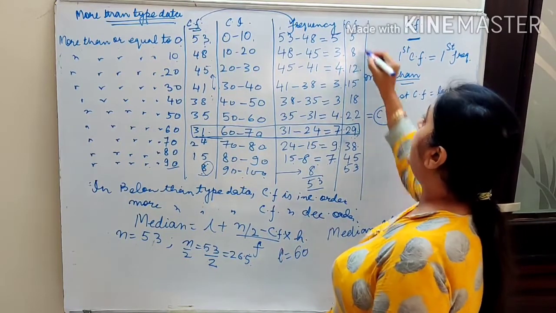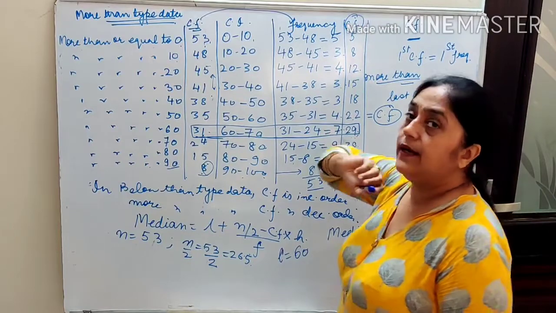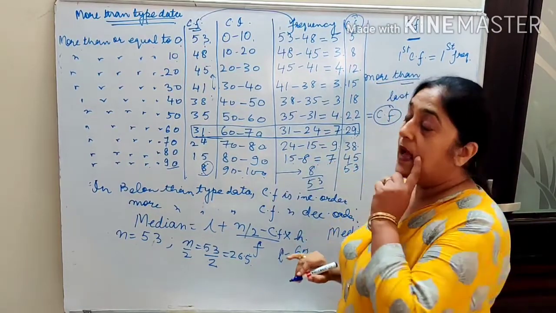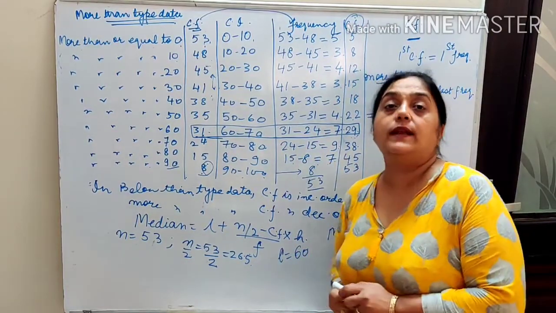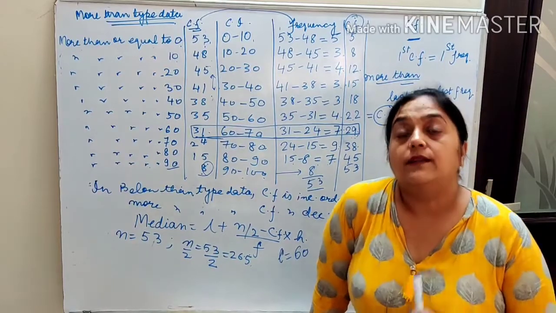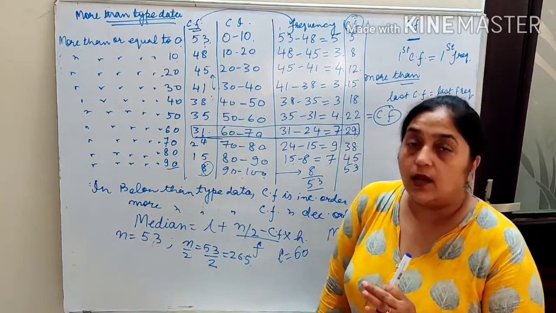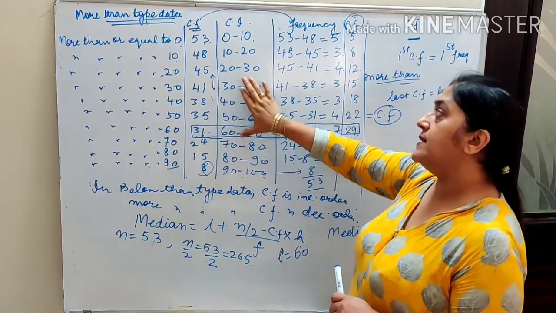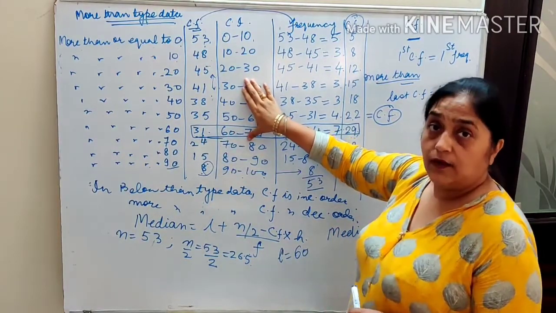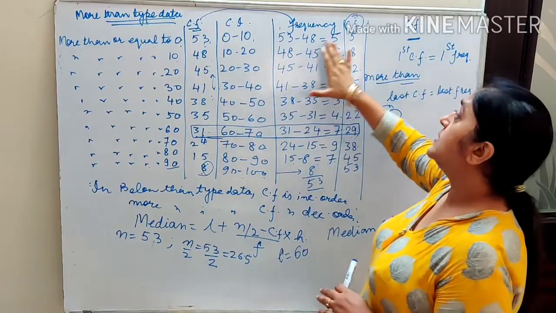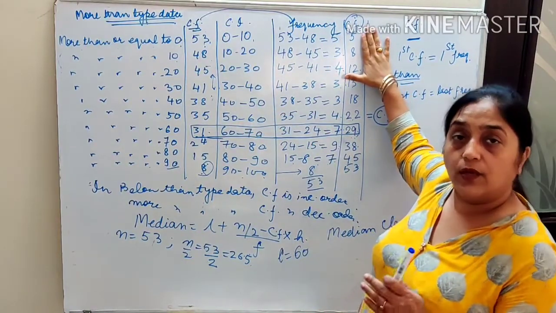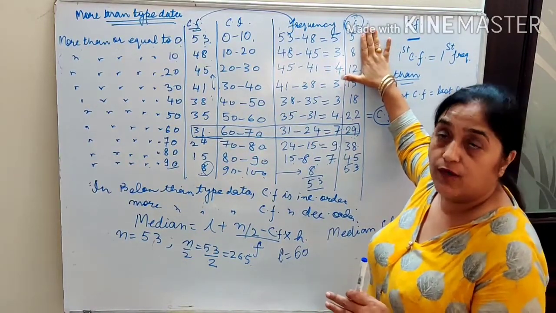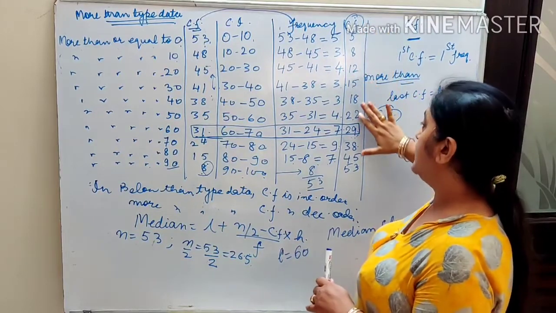That is why I said that you have to again convert it into increasing order. I repeat, whenever more than type data is given to you, the frequency is in decreasing order, that is the cumulative frequency. You convert the data into the normal frequency distribution table, after that you again find out the cumulative frequency of your form. Your form is increasing order.